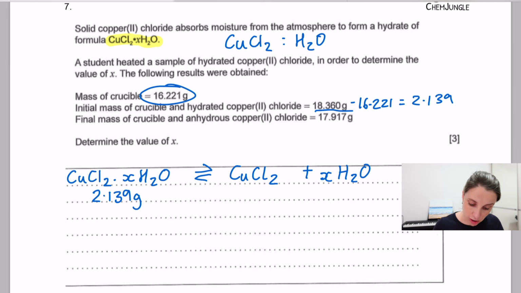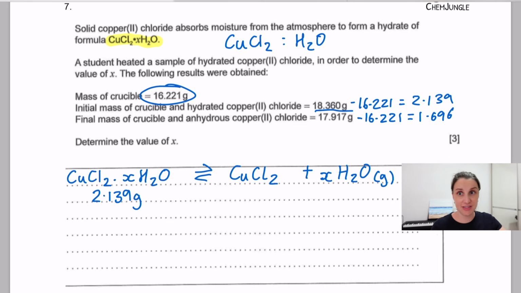Afterwards, they give the final mass, again minus the mass of the crucible, and this time that number, 1.696, is going to be the mass of the copper chloride on its own. Remember, the water is gaseous, it's left as a vapor, so it's no longer inside your crucible.